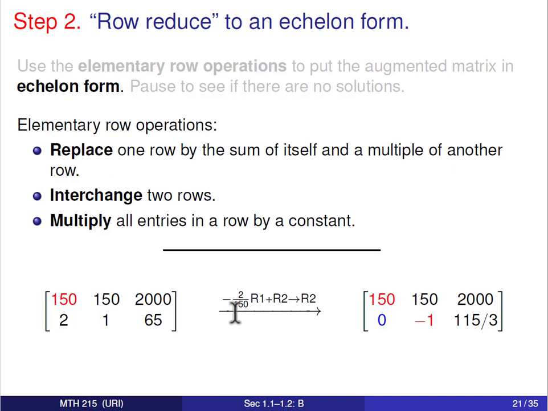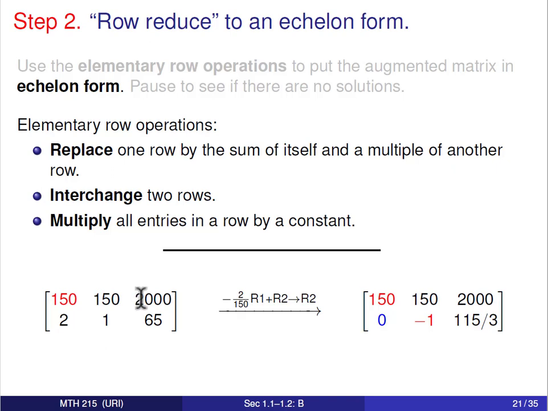Now if I imagine what this first row would look like if I did multiply by -2 over 150, you can see how -2 over 150 was chosen. Multiplying 150 by -2 over 150 creates -2 in that first spot. Taking this 150 in the second spot and multiplying by -2 over 150 creates -2 again.